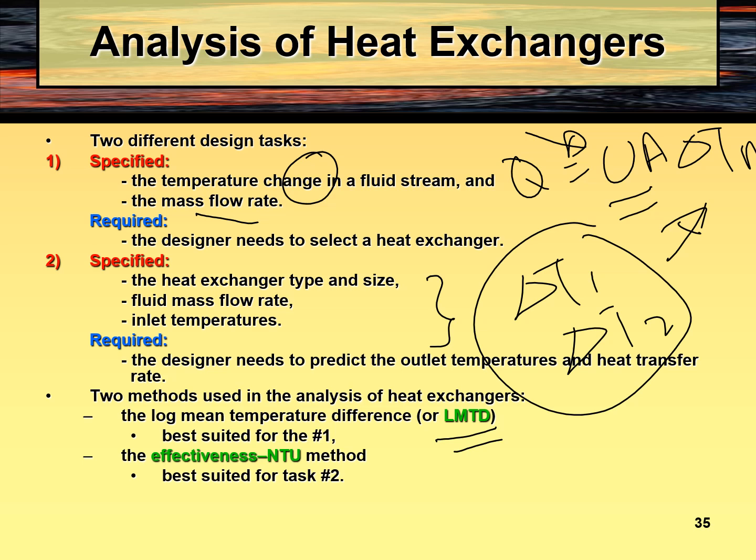The best method for the design process of the heat exchanger is the effectiveness NTU method. But in actual conditions, a combination of the NTU and LMTD methods is required to obtain the best design for the heat exchanger.